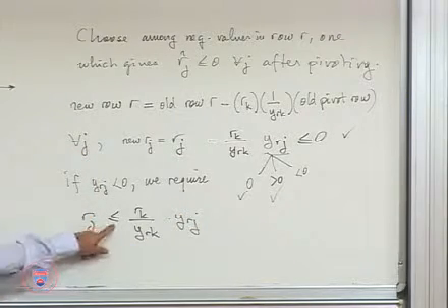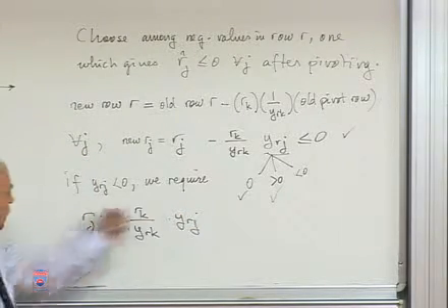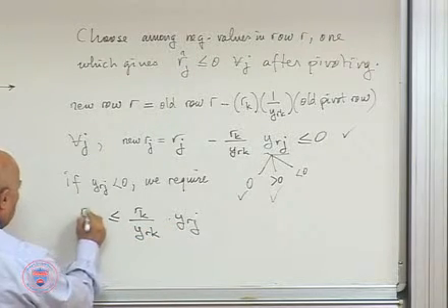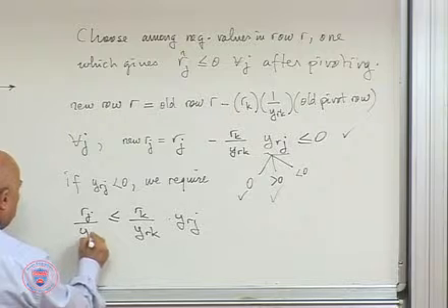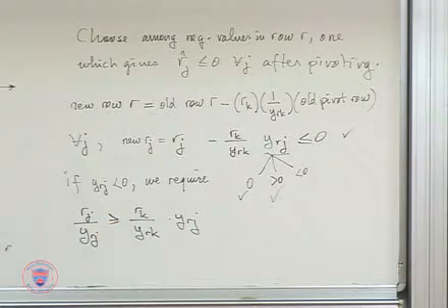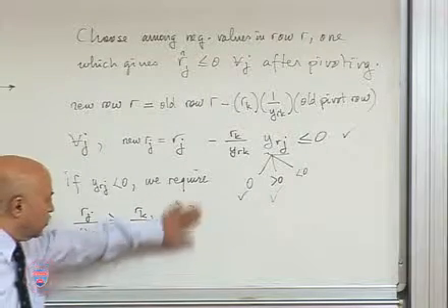And then if I divide both sides by Yrj, I'm going to end up with Rj over Yrj here, except that Yrj is negative now, so this changes this way. And this goes away.